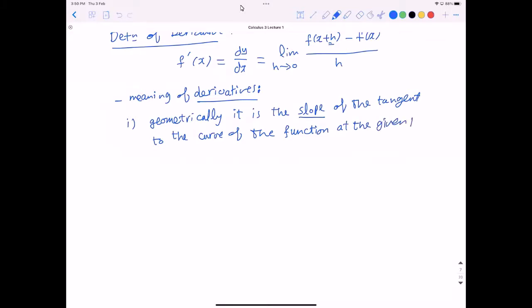We are given a point or points, and so on. This is the meaning geometrically: slope. What else? Physically. Physically or any other fact, not only physics. Physically means in any application.